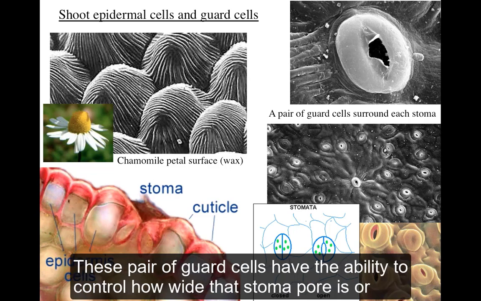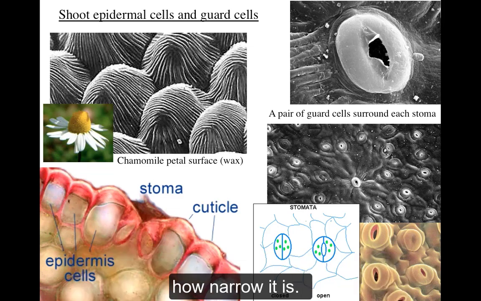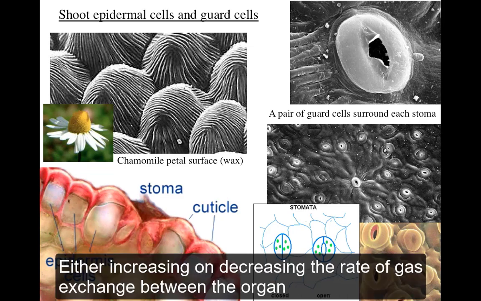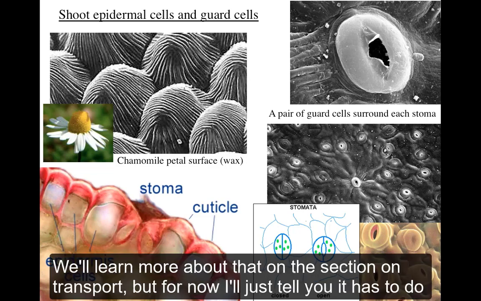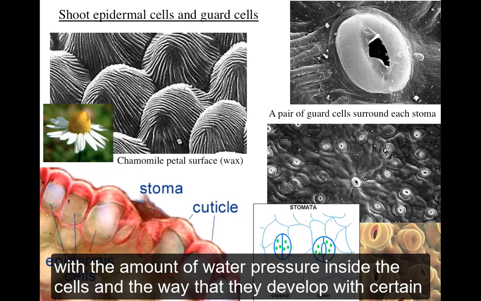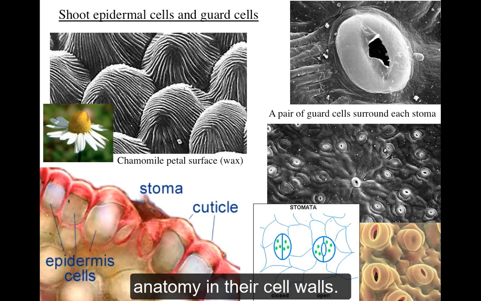These pair of guard cells have the ability to control how wide that stoma pore is or how narrow it is, either increasing or decreasing the rate of gas exchange between the organ and the external environment. We'll learn more about that in the section on transport, but for now I'll just tell you that it has to do with the amount of water pressure inside the cells and the way that they develop with certain anatomy in their cell walls.